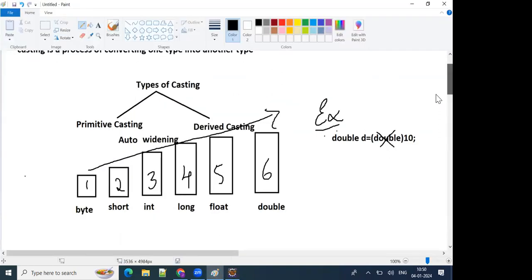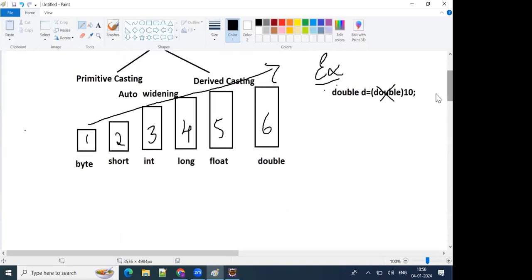Lower primitive to higher primitive is called widening, also called auto widening. It is a process of converting lower primitive to higher primitive.